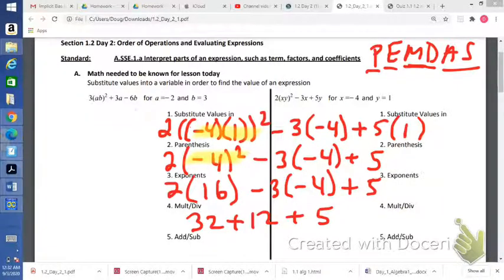Alright, now we add and subtract. We perform whatever operation is first as we look at it from left to right. So there's no subtraction, we're just adding 32, 12, and 5 all together. And that gives us 49.